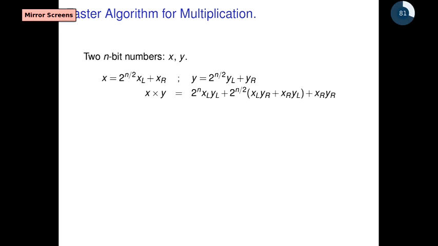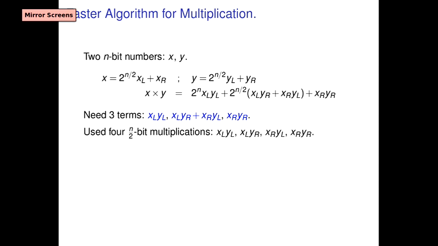Okay, x times y is this thing, and there's really only 3 terms there. But to actually compute the middle term, you needed to do 2 n over 2 bit multiplications. So each one of these things were n over 2 bit multiplications. Now what we need to do is Gauss's trick.